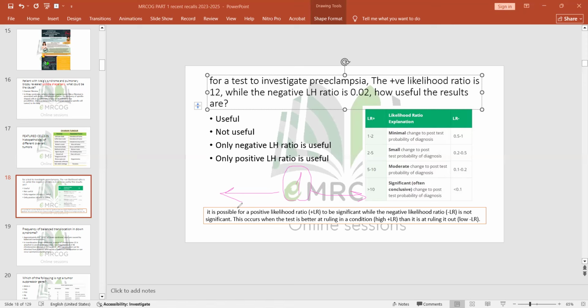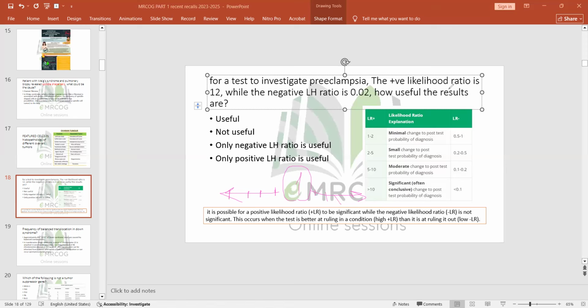What else? Odds ratio. Yes, excellent. All of them, when they are 1, they are insignificant. When they are less than 1 or more than 1, this is significant. If I'm here, this is minimal change. Here, moderate. Here, significant. And the same with this direction.